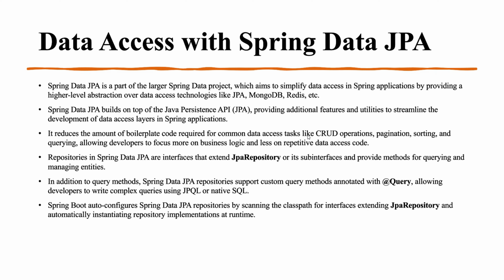Next is data access with Spring Data JPA. It is a part of the Spring Data project, which aims to simplify data access in Spring applications by providing a higher level abstraction over data access technologies like JPA, MongoDB, Redis, etc. It is used to reduce the amount of boilerplate code required for common data access, like CRUD operations.